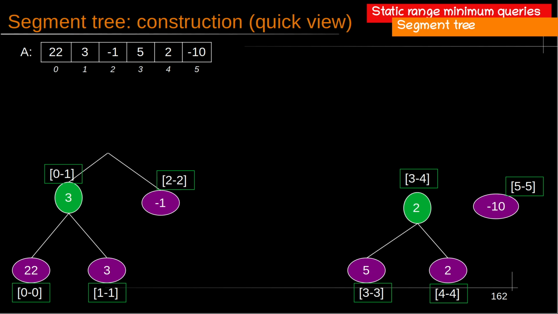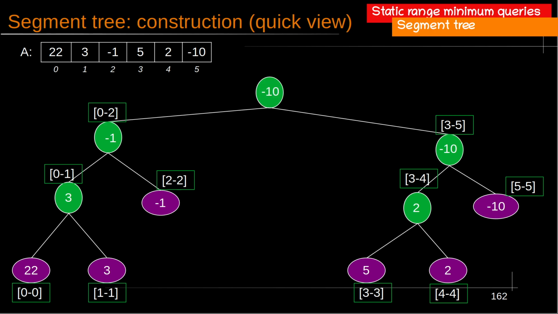Now, on the left side, the minimum from 0 to 2, which is -1. And here, -10, which is the minimum from 3 to 5. And here, -10, which is the minimum from 0 to 5. You see here, I compute the minimum in many intervals using this data structure, which is the segment tree.